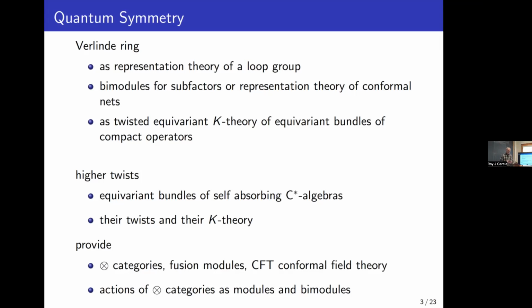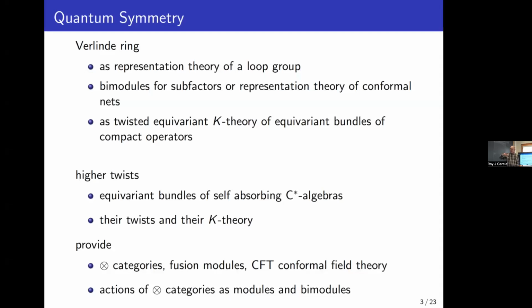In particular, from an operator algebraic point of view, that means you have some bundles of compact operators over your group, equivariant, and then the space of sections of that is considered, you take the K theory, and that produces the Verlinde ring. Okay, so that then leads us to trying to consider higher twists, which is one of the main things I'll talk about today.